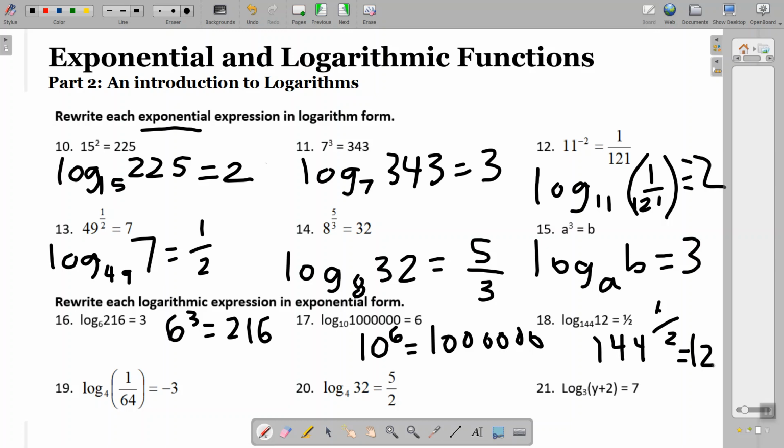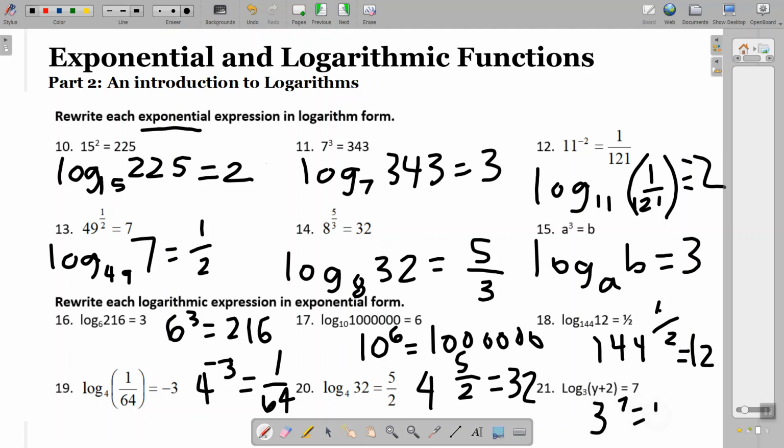Number 19, log base 4 of 1 over 64 equals negative 3. Stated as an exponential would be 4 to the negative 3 equals 1 over 64. Number 20, 4 to the 5/2 equals 32. And then 21, 3 to the 7th equals y plus 2.